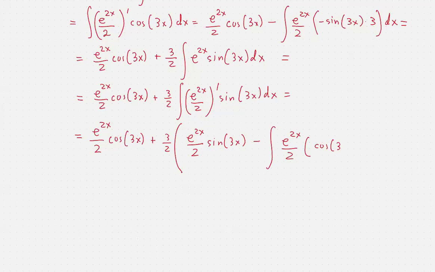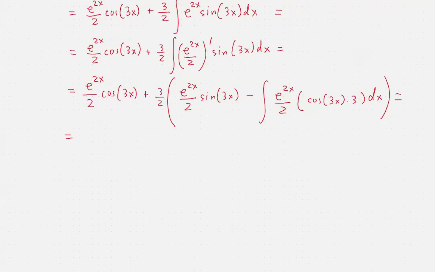Let's do it. So let's see what we're going to have here. E to the 2x over 2 times cosine of 3x plus 3 over 4 times e to the 2x sine of 3x. And now here we have a minus sign, so minus. And what do we have? Do you see we have this 3/2 in front, and then we have another 3 and another 2.